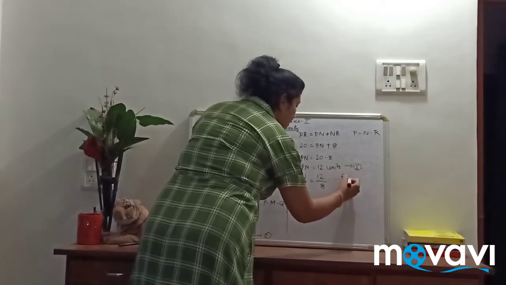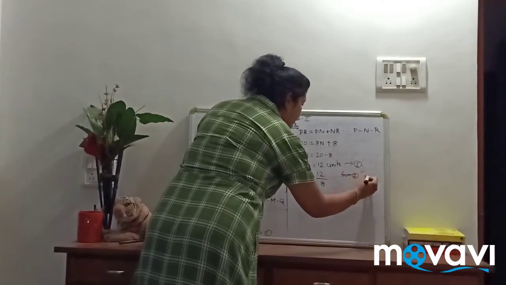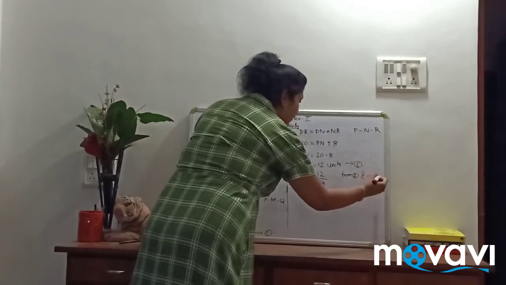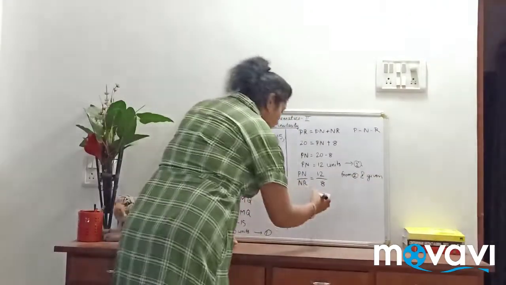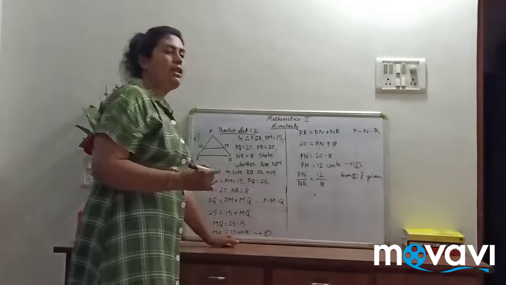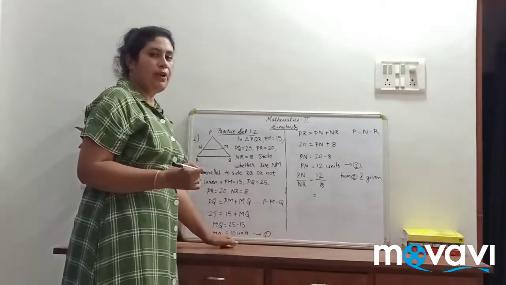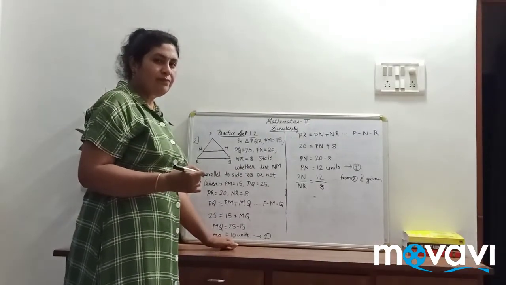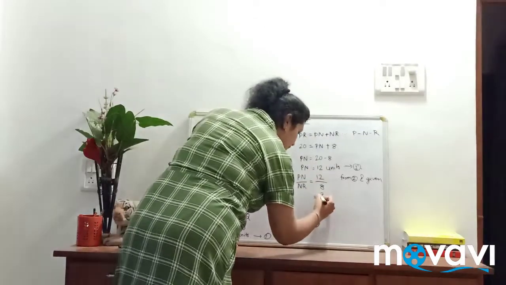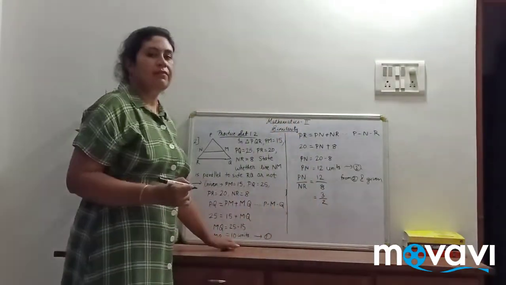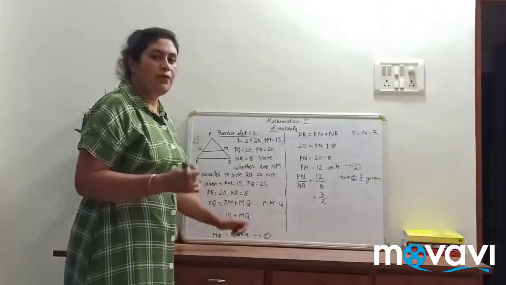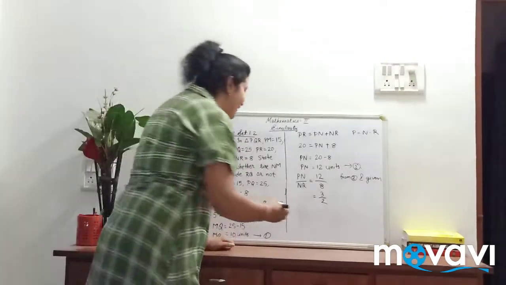From 2 and given, because NR is given, right? Okay. So reduce this. What do I get? 3 upon 2. If you have not understood, think.